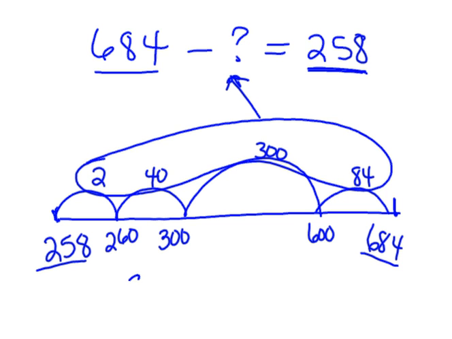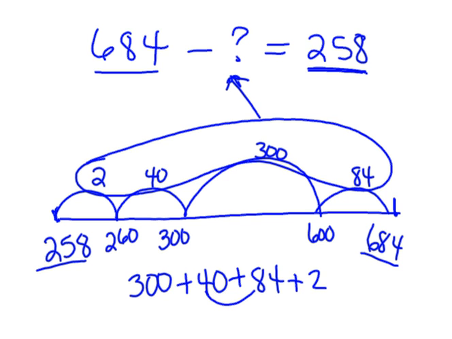So we're going to add together 300 plus 40 plus 84 plus 2. Now, I know that 80 and 40 equal 120. So together, that's 124 plus 2 more makes 126.